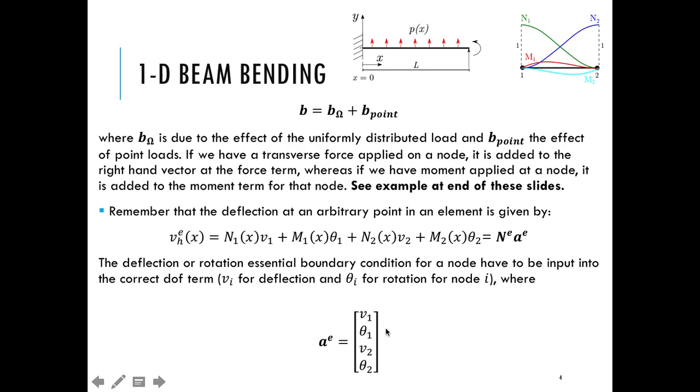So convention of course follows deflection of the first node, then rotation of the first node, and then deflection of the second node, rotation of the second node, given just for one element. Okay, so this is just a recap of everything we had done so far.